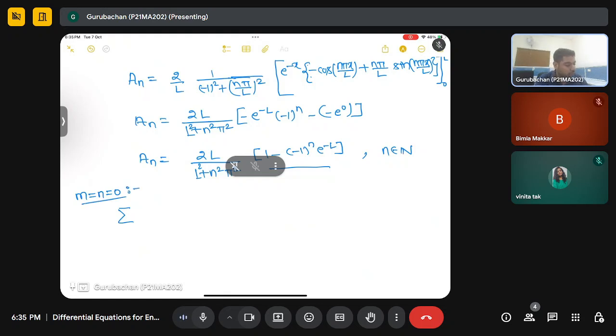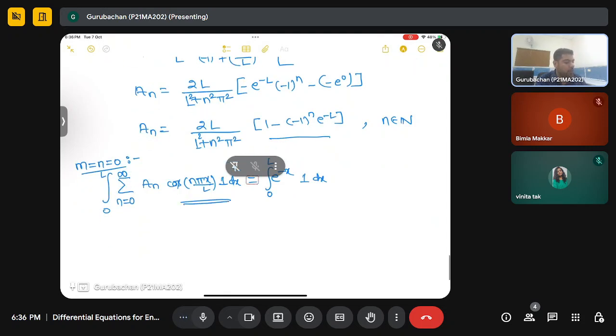So the sum over n from 0 to infinity of a_n cos n pi x by L is equal to e to the power minus x. So we multiply with 1 dx and integrate from 0 to L, so that this integral exists only for m equal to n equal to 0.